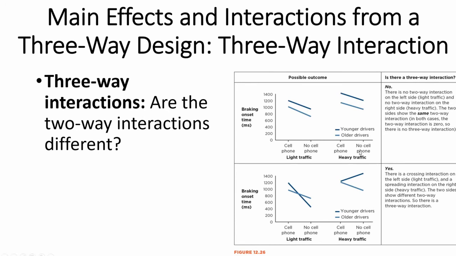So the patterns aren't the same in this graph versus this graph. Because they're showing different two-way interactions, we can say that there is a three-way interaction. Again, there are ways that you can calculate this statistically, but just by looking at the images, you can get that same idea.